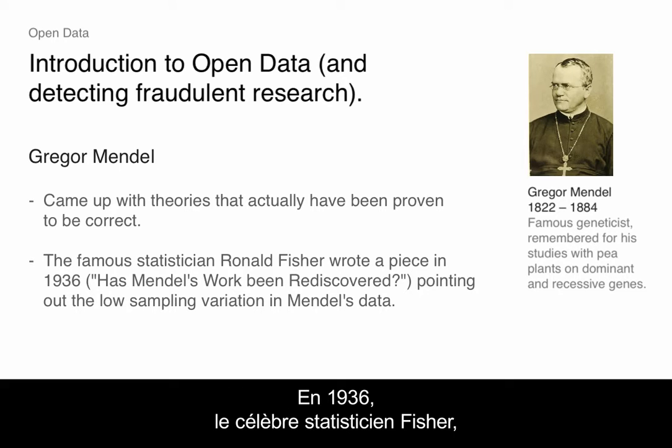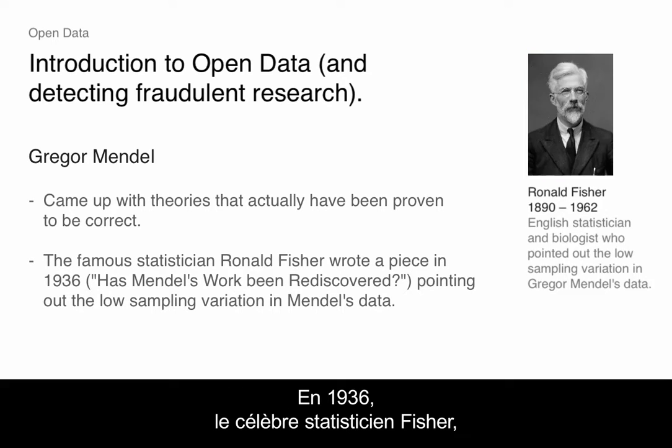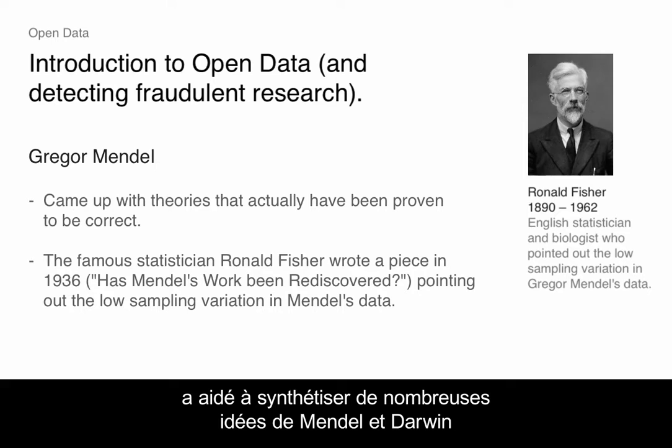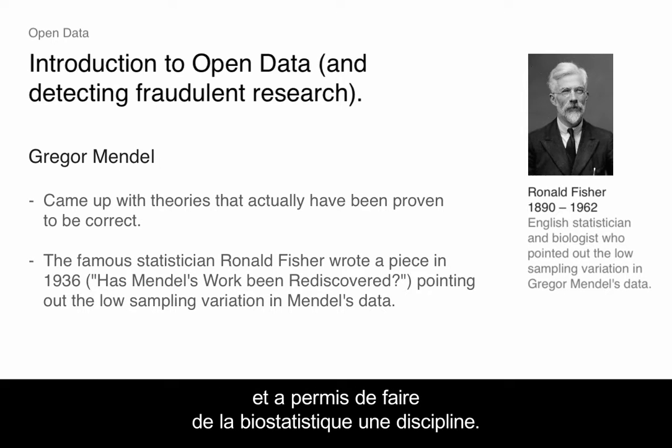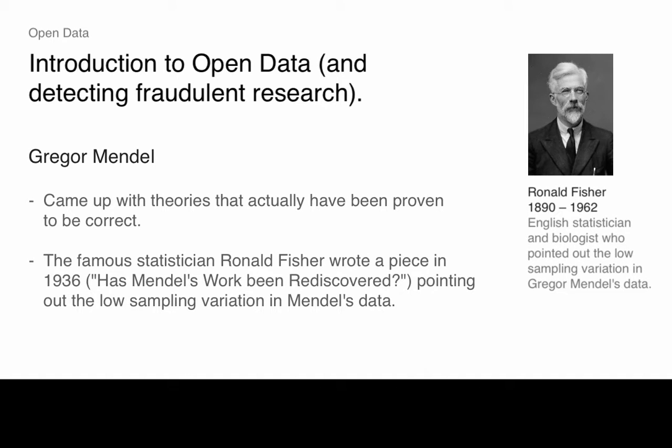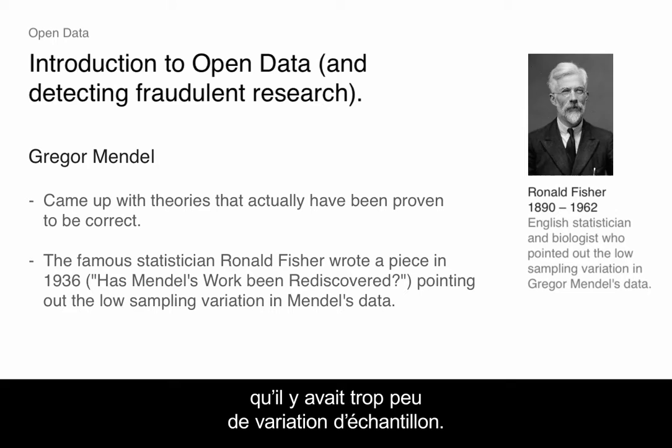So as far back as 1936, the famous statistician Fisher, who was also a very important biologist, I mean, really, he helped synthesize a lot of the ideas of Mendel and Darwin and emerging biostatistics into a field. So he was an amazingly important statistician. He went back and looked at Mendel's old data and was like, ooh, there's way too little sampling variation here.